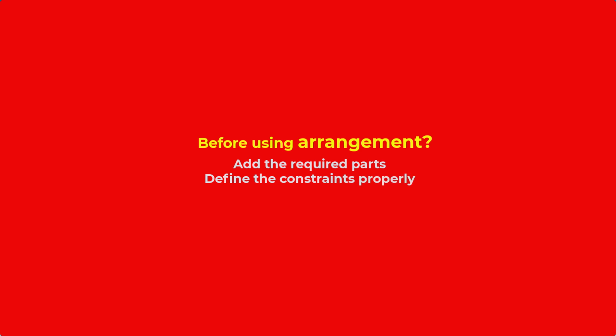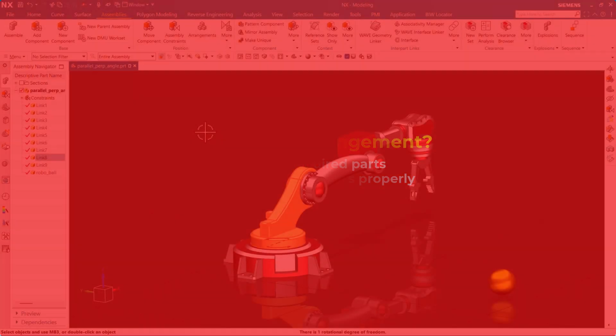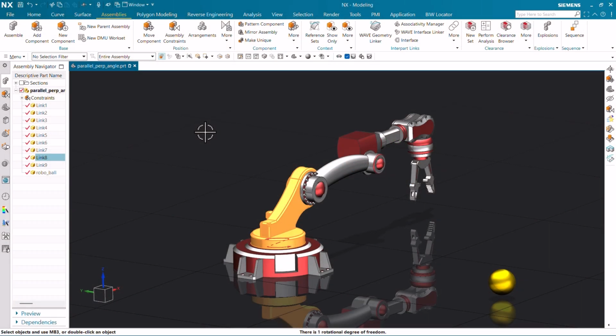Only then you would be able to properly give the arrangements, and while moving the parts in the arrangement, you will get the desired result. So this is how we can define the arrangement. In the next videos, we are going to learn how these arrangements are going to be interlinked with the constraints.